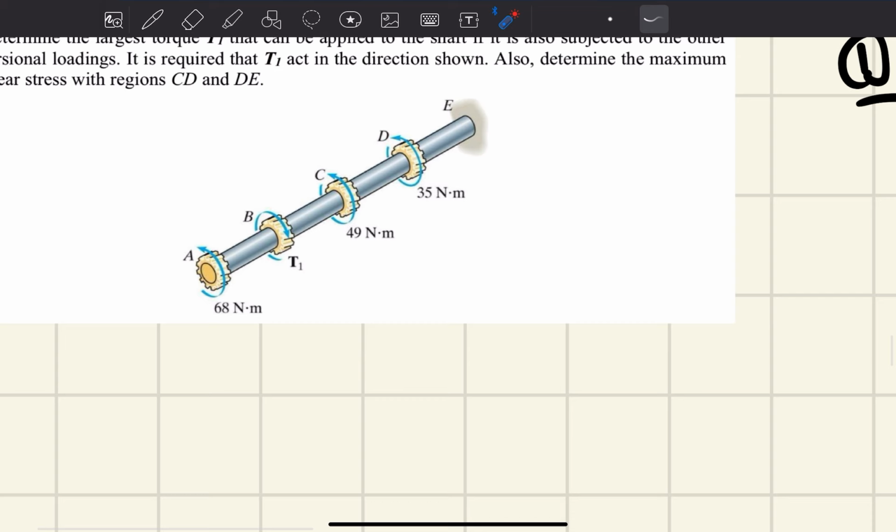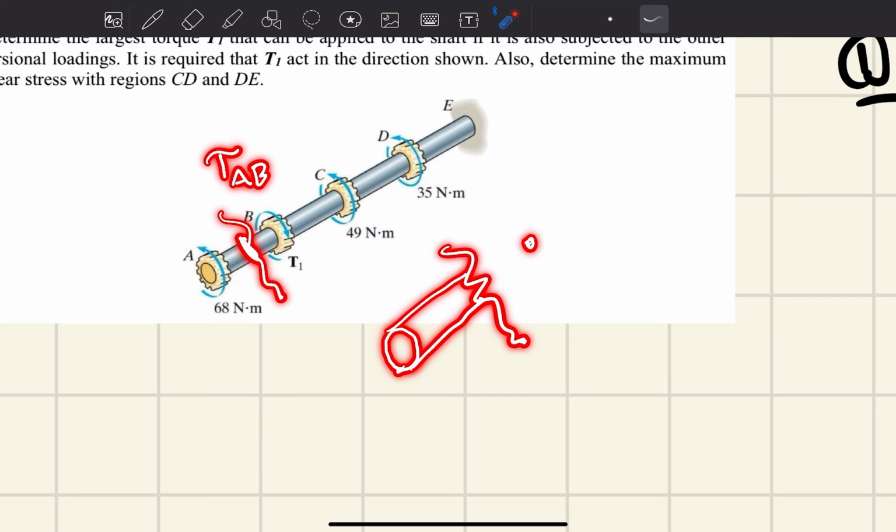So let's say I want to find the shear stress in section AB. How do I do that? Well, if I look at this section, with B over there and this is A, I have this 68 newton meter torque acting right here.